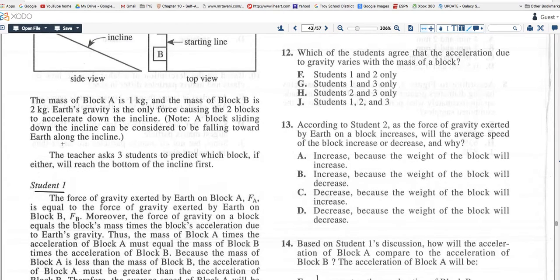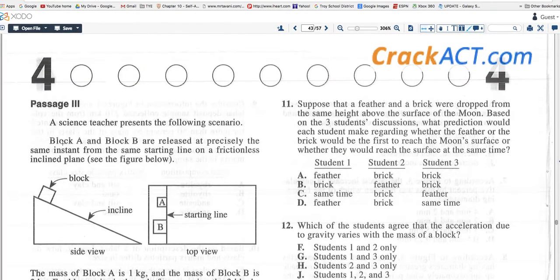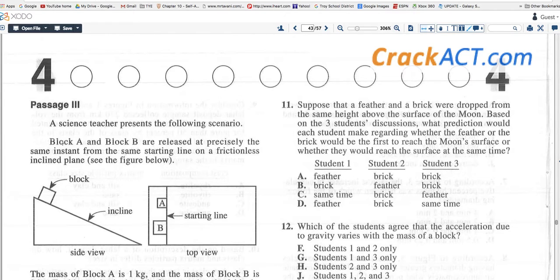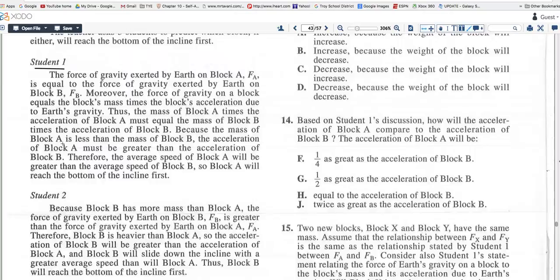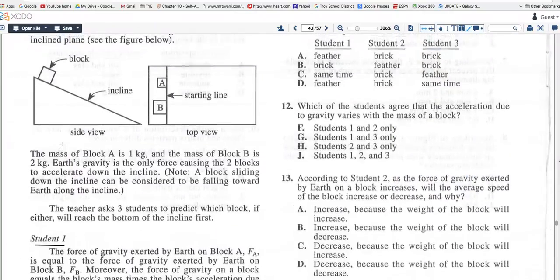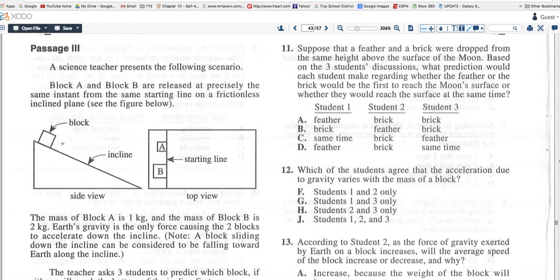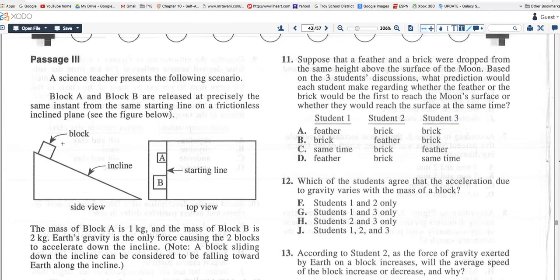Okay, so who wants to try number 11? Nithya, can you do number 11, please? Yeah. So I looked at the student responses, and student 3 said that they would both reach at the same time. So the only one that says student 3 reach at the same time is D. Yes, good.